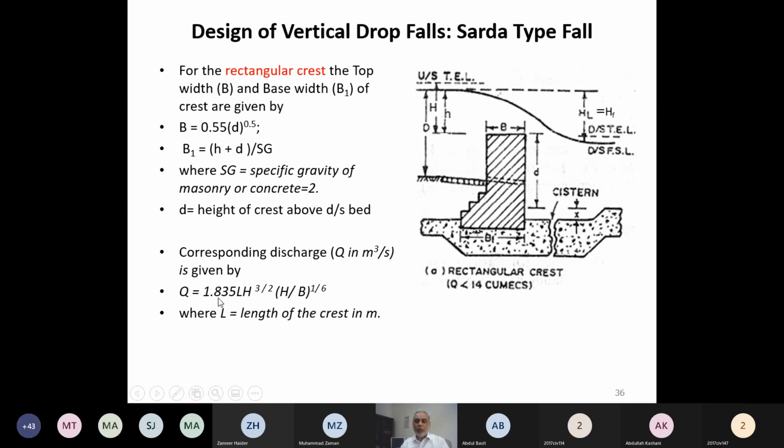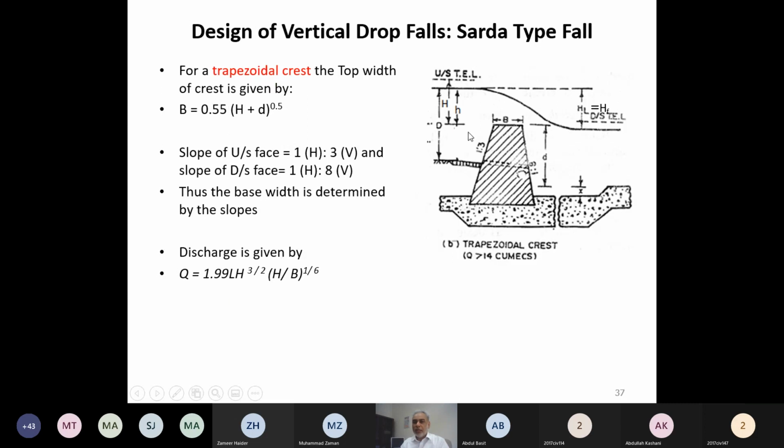A similar formula with a different coefficient is utilized for trapezoidal shape of the crest. If a rectangular shape is there, this coefficient is 1.385. If a trapezoidal shape of the fall is utilized, then the discharge formula is 1.99 times LH, remaining is the same, 1.99 L H power 3 by 2. So discharge passing capacity for trapezoidal shape is a little better as compared to rectangular shape.